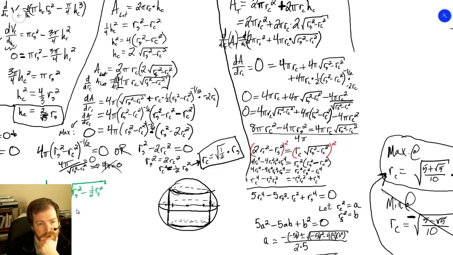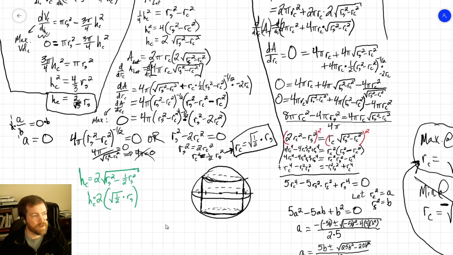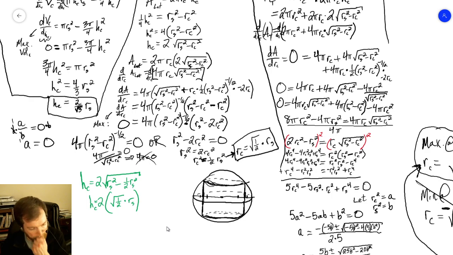So the height of the cylinder was twice, and then here we had square root of 1/2 times r sub s. Yep, so this is the same. So y is only half as much, so y is the same as the 1/2. It's square root of a half times r sub s. Yep. This kind of took a while.